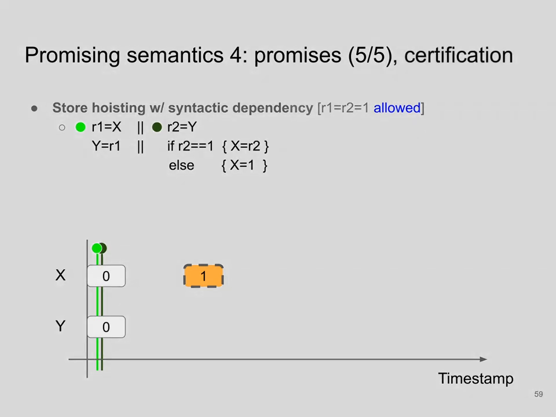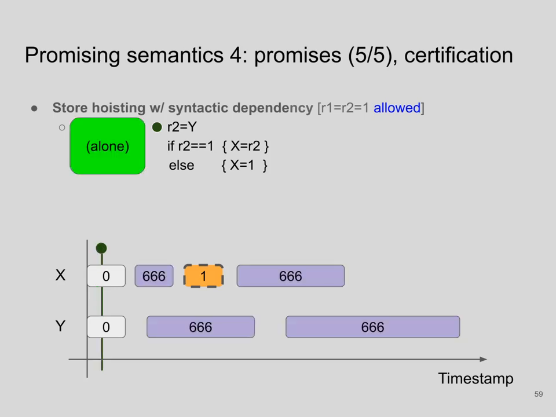The second thread needs to fulfill the promise by writing x equals 1, and you need to make sure that you can actually do that alone, without any help from the first thread, under any circumstances and under any interferences, which are represented in the memory as additional non-deterministically added memory blocks.